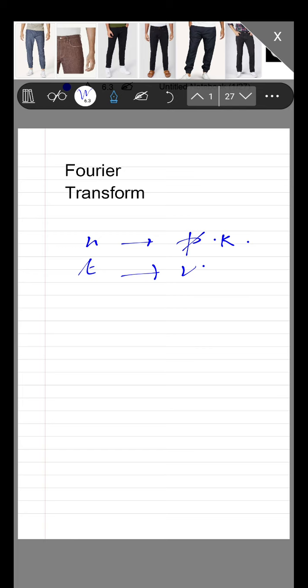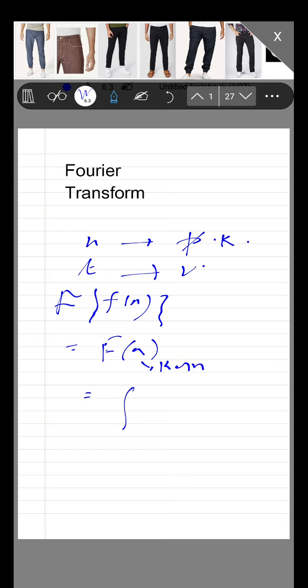Now the Fourier transform can be written as, say if f(x) is the function, the Fourier transform of f(x) is equal to, say, a function of k, and it is equal to minus infinity to infinity f(x).